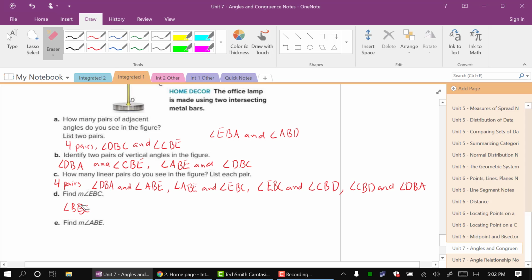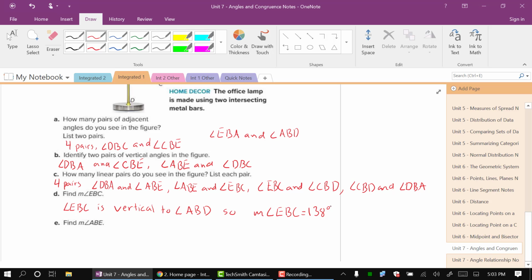EBC is vertical to angle ABD. So the measure of angle EBC, since they are congruent, that means that EBC is going to also equal 138 degrees, because congruent means that they are the same, so they are equal to each other.